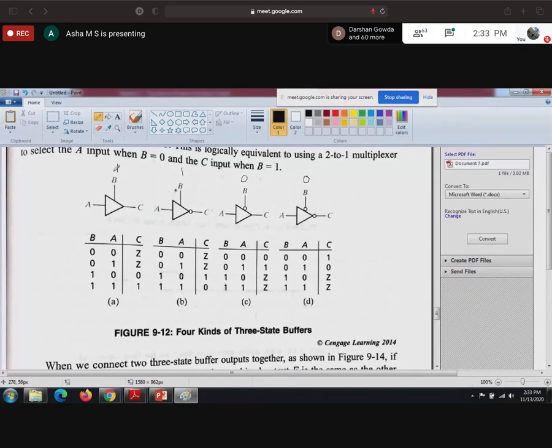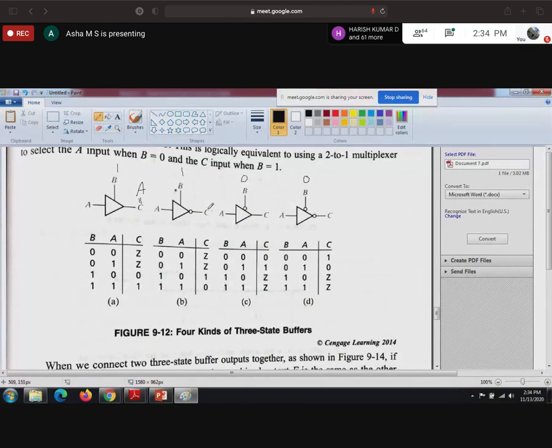So when this buffer is enabled, what is the output? In the first diagram, when b equal to 1, the buffer will be enabled, and the output is equal to A. If you come to the second buffer, the buffer will be enabled when b equal to 1.